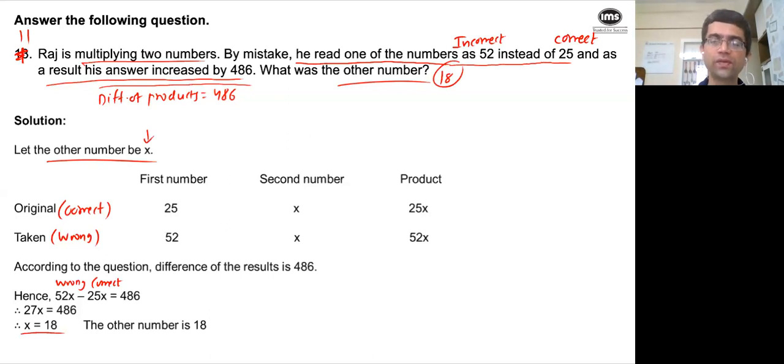So 52 into 18 minus 25 into 18 should be 486. This is the meaning of the question, correct? Yes, 52 into 18 minus 25 into 18 is 486. He should have done the correct one. He did the wrong one. So his answer increased by 486.